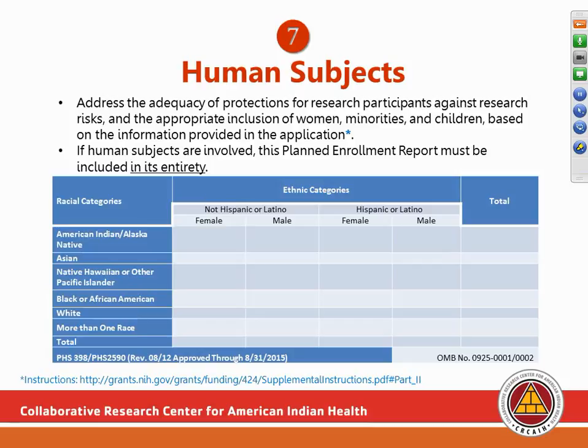The notice states that for any application submitted after January 25th of '16, for the purposes of the inclusion policy, the age of a child will be defined as individuals under 18 years old instead of under 21 years old, the current NIH definition of a child for inclusion policy considerations.